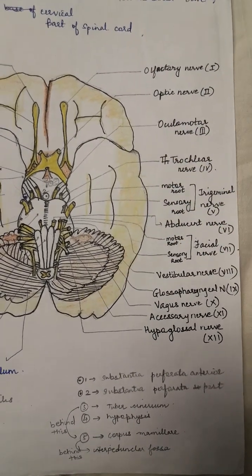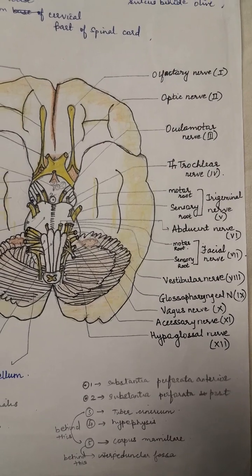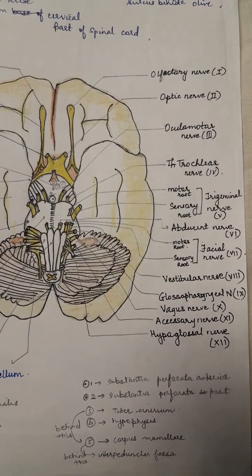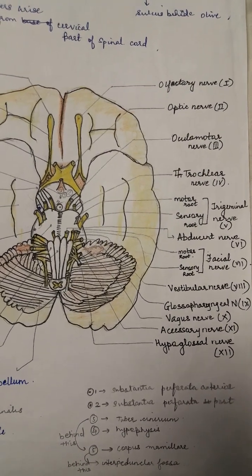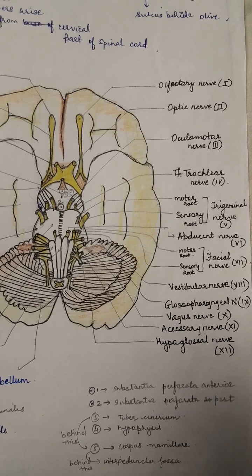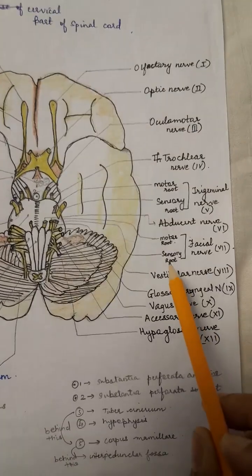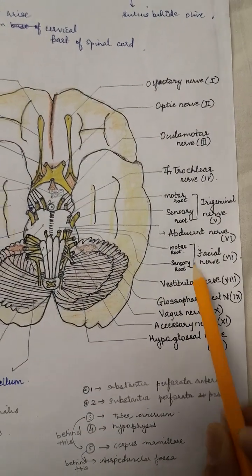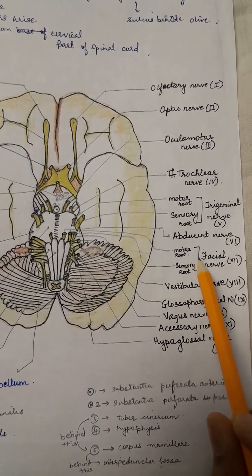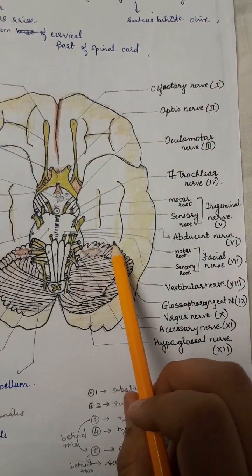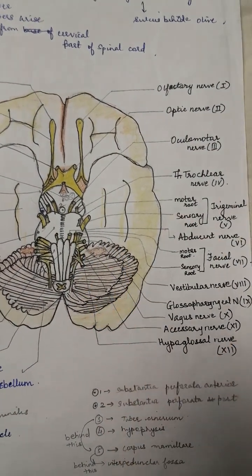The lateral part of the pons merges with the middle cerebellar peduncle. In the posterior margin there are the seventh and eighth nerves, which are facial and auditory.